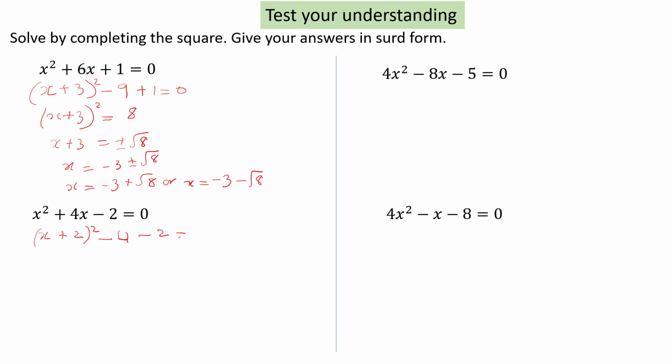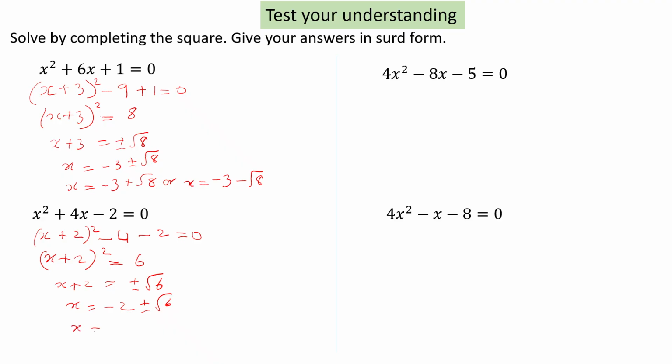Take away 2 equals 0. (x plus 2) squared equals 4 plus 2, 6. Move to the other side, so 6. So x plus 2, take square root of both sides, plus or minus root 6. And x equals minus 2 plus or minus root 6.